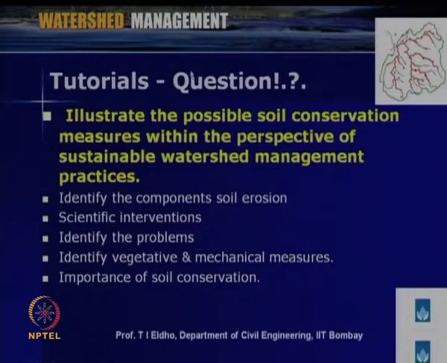Before closing today's lecture, one tutorial question: illustrate the possible soil conservation measures within the perspective of sustainable watershed management practices. You can identify the components of soil erosion, scientific interventions, identify the problems, identify the vegetative and mechanical measures, importance of soil conservation.